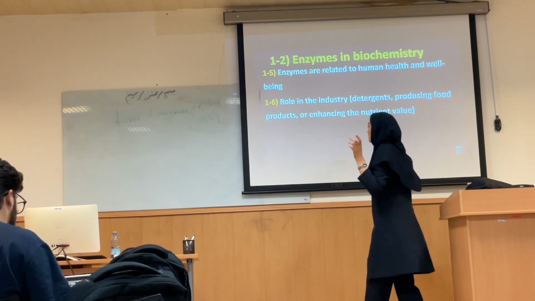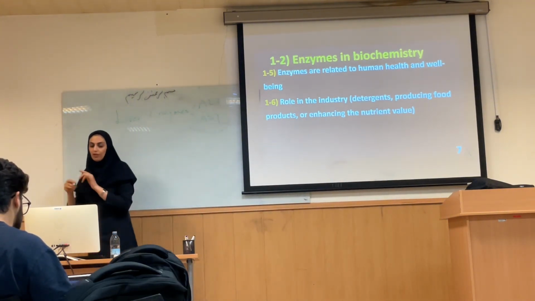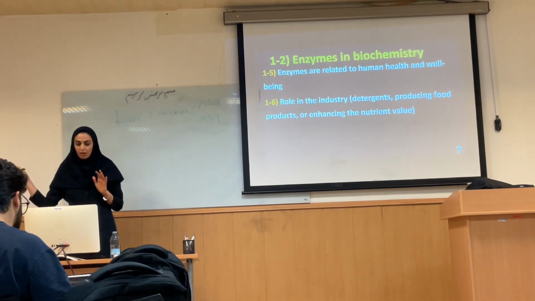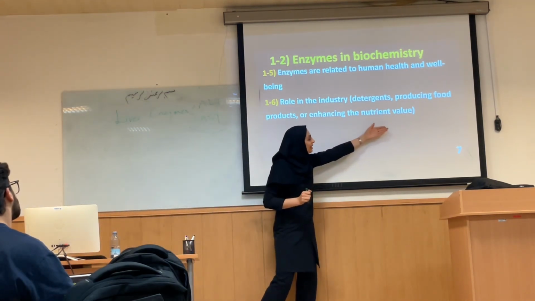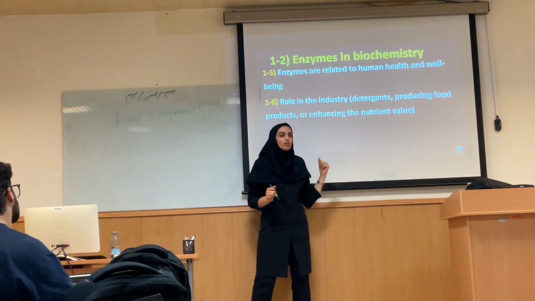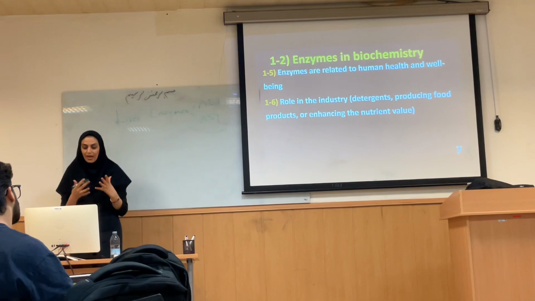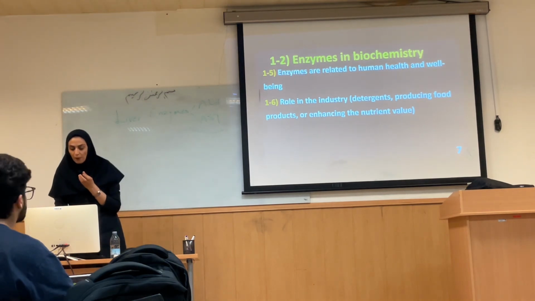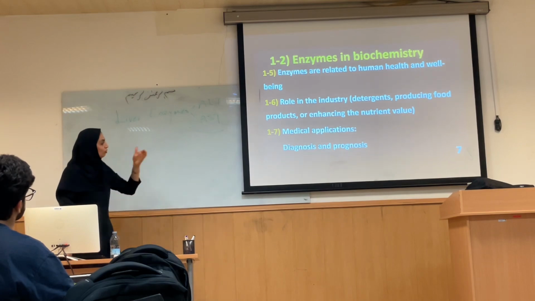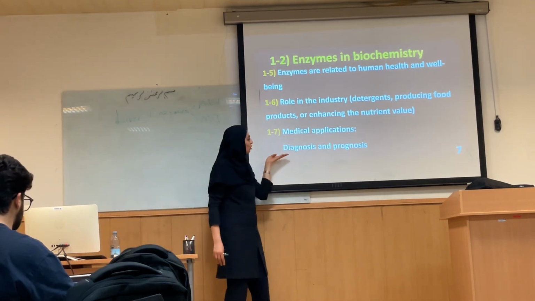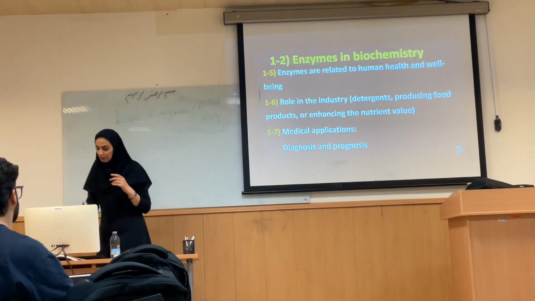You can see that they are written on it, made up of such and such enzyme. And they can also be used for increasing nutrition value and making healthy foods more supplemented. And I told you that they are used for diagnosis and prognosis, and I will explain that more.